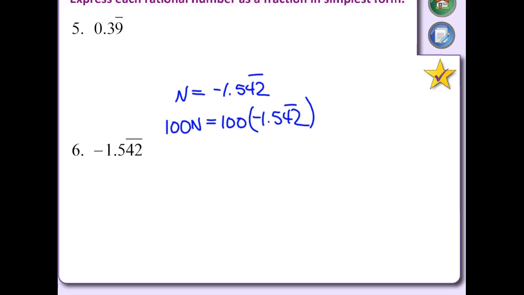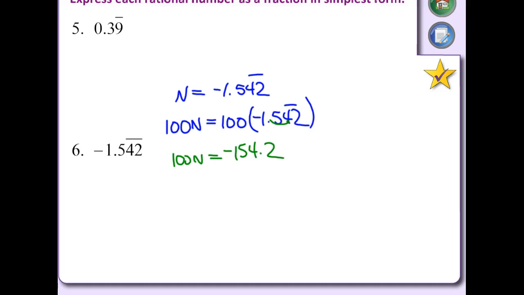Now, when I multiply the second half by 100, that's just going to move my decimal point over 2 places. So I've got 100n equals negative 154.2 repeater. Everybody understand what I did? All right, now, remember, how do we get rid of the repeater?